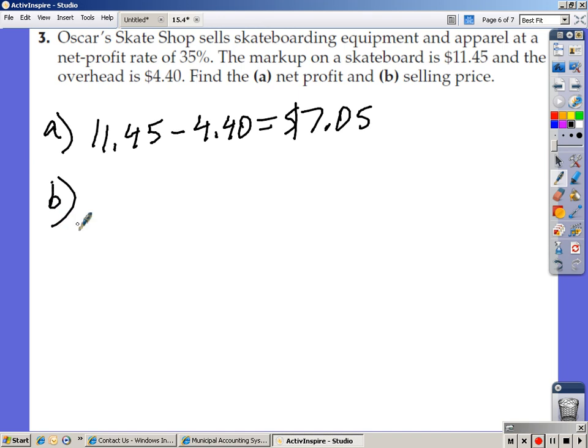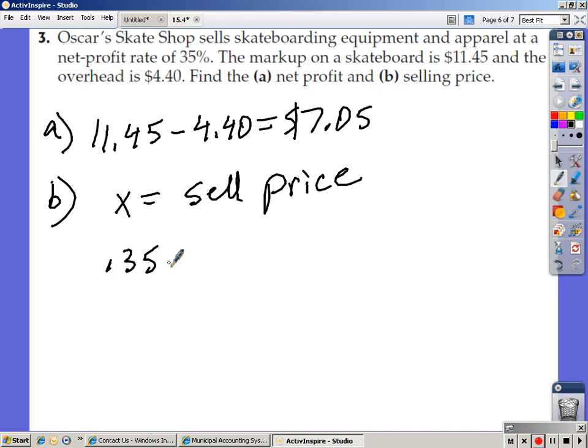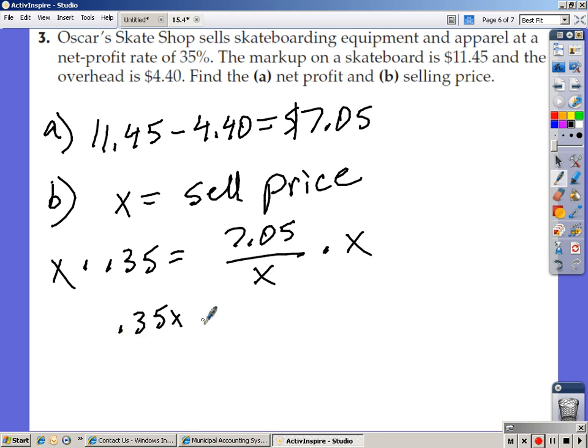Okay, part B, find the selling price. Okay, again, we're going to let X equal our selling price. Okay, 0.35 equals 7.05 over X. Multiply both sides by X. 0.35X equals 7.05.